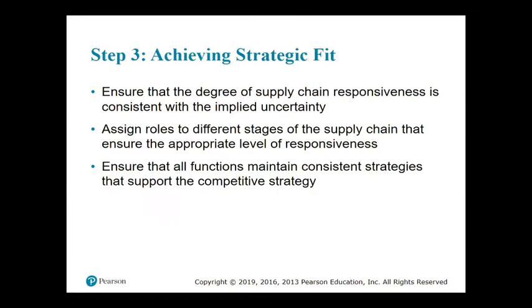The way we do that is we want to assign roles of different stages in the supply chain so that we can have more flexibility to play with so that the appropriate level of responsiveness can be achieved.